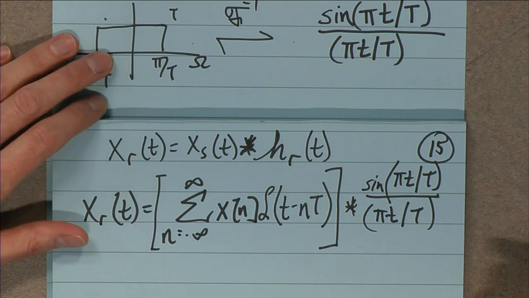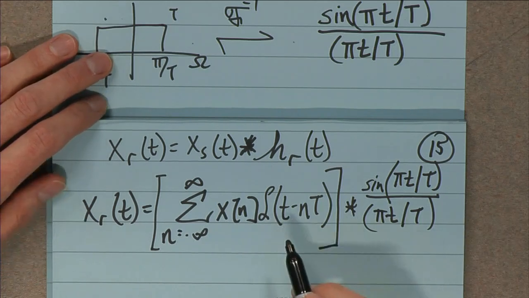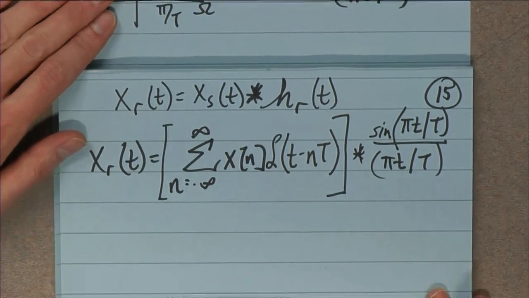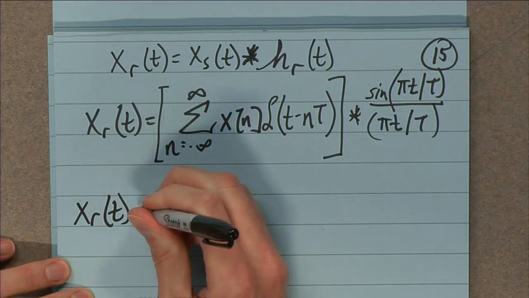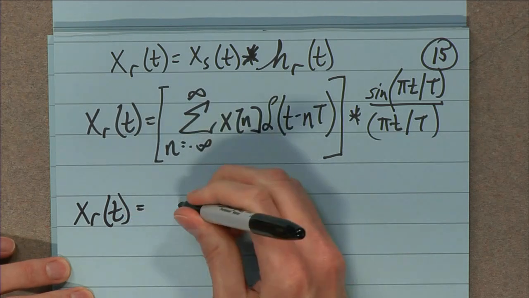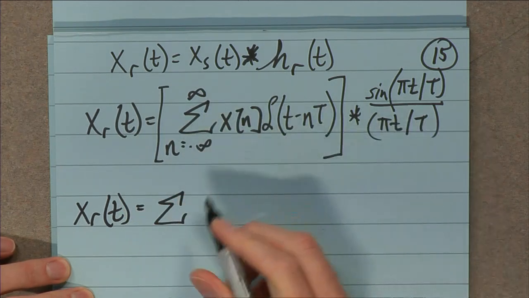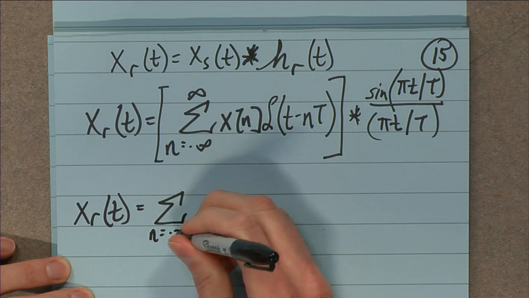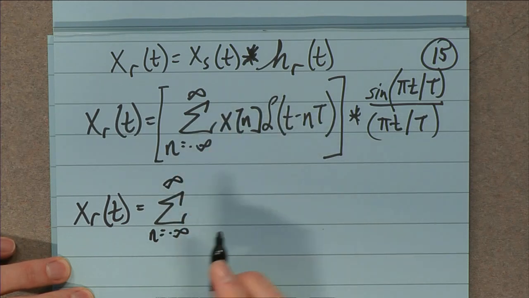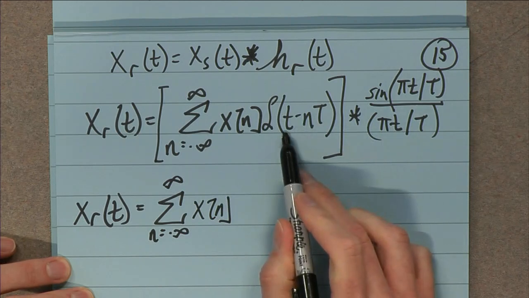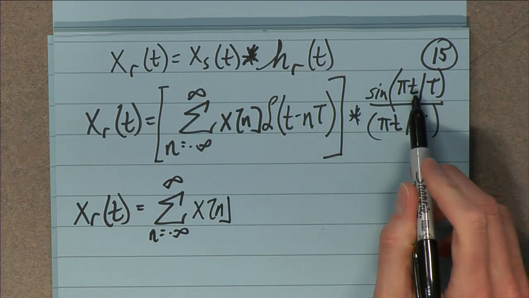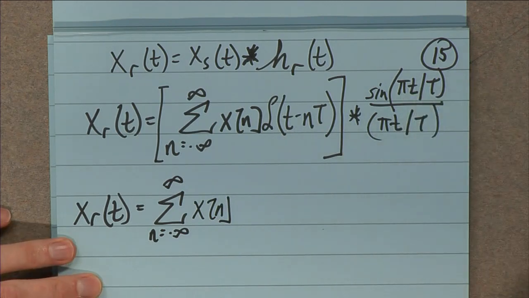So somewhat complicated, but the good news, of course, is we're convolving with delta functions. So that'll make our lives easier. So we end up with the summation. We're going to convolve it with each one of these. So we end up with an infinite sum of x of n, but convolving this with that means that each t is replaced with t minus nT.